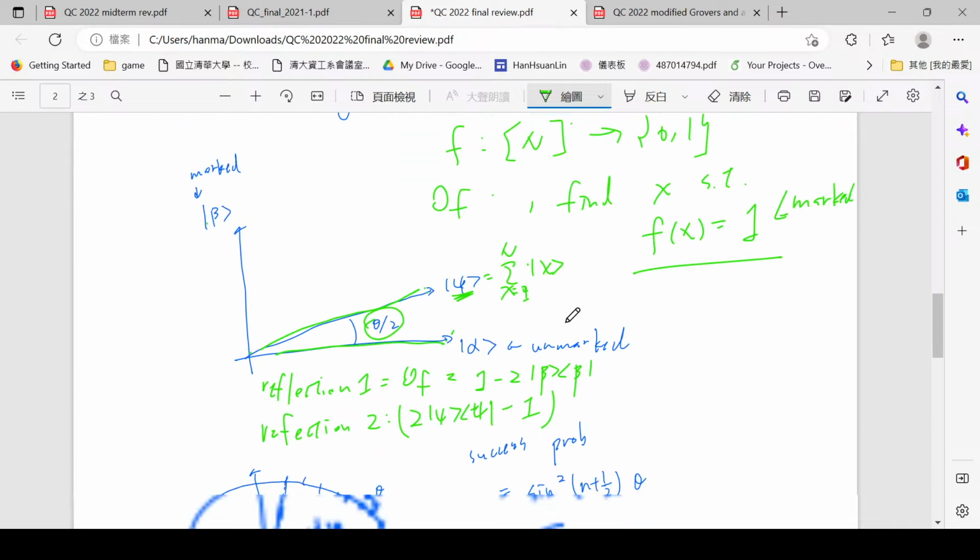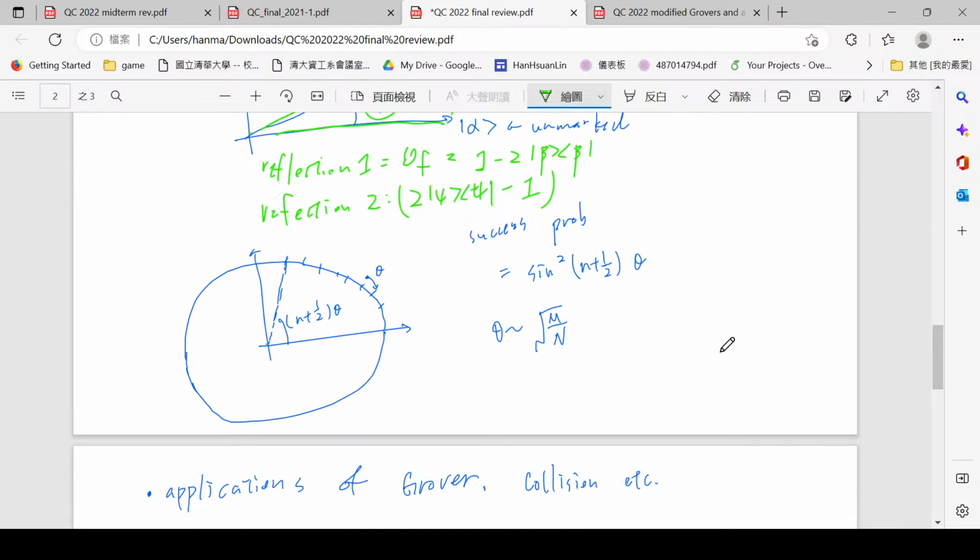Then we have the other picture. We still think about this space spanned by alpha and beta. Our Grover algorithm will keep doing rotations, so you keep doing Grover iterations. You have this OF and you have this, I think it's called G. Let's not write this because it might be a different notation. Each Grover iteration we do two reflections and that's one rotation of angle theta.